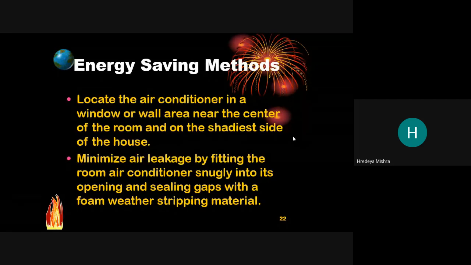Means if your air leakage is minimized, then it also saves your electricity. Minimize air leakage by fitting the room air conditioner snugly into its opening and sealing gaps with foam weather stripping materials.